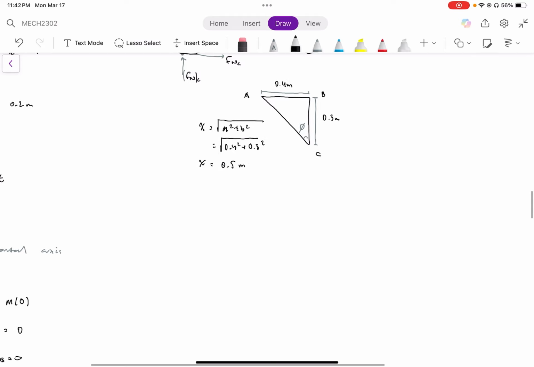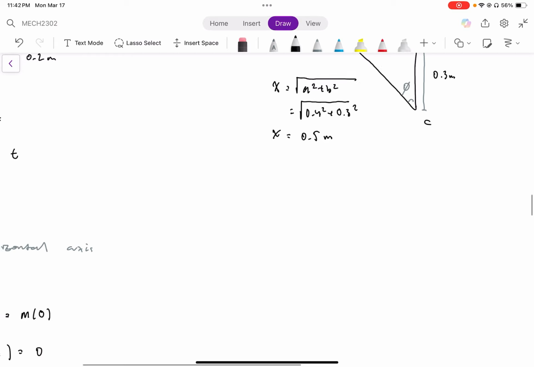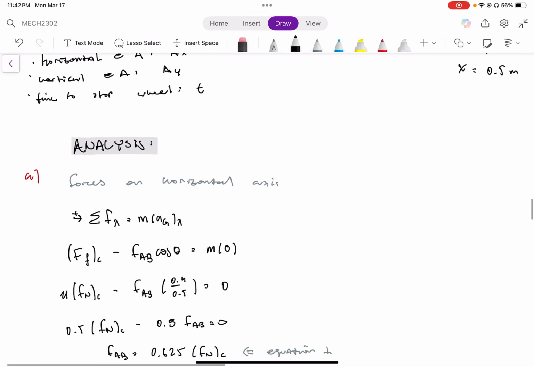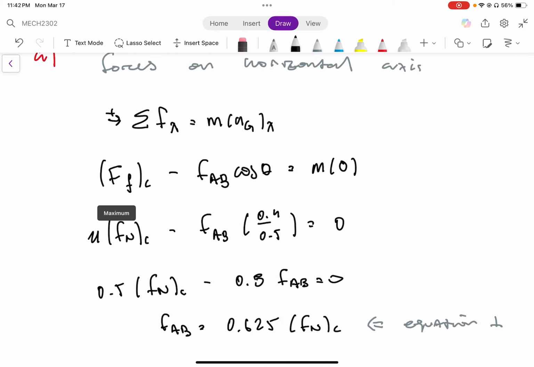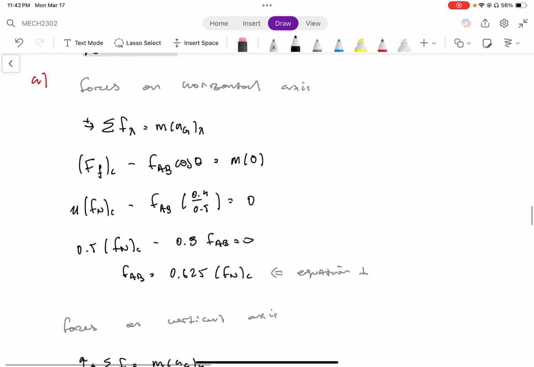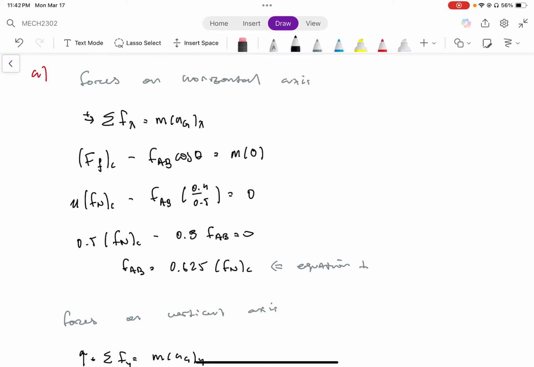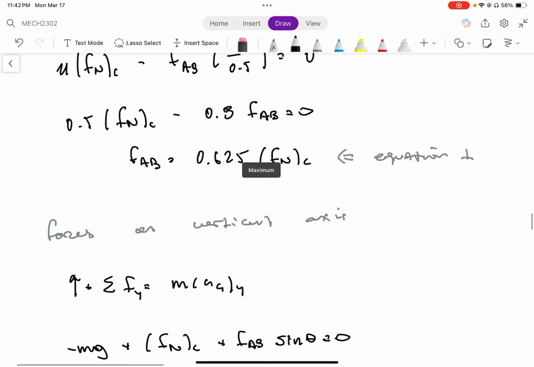Here, we don't really need to know theta because we're given all the sides, and since SOHCAHTOA is a ratio, we just substitute cos as 0.4 over 0.5 and substitute the force of friction with mu times the normal force. Then we substitute all values and simplify, solving for FAB, putting Fn on one side and FAB on the other. So this is equation one.